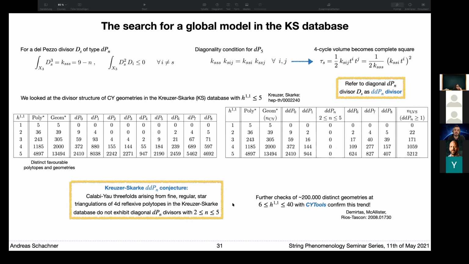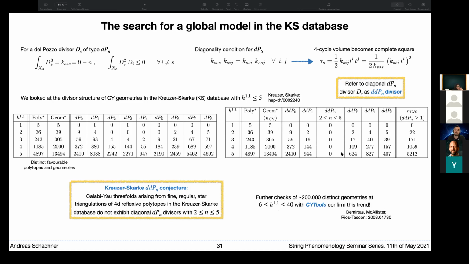Of course, some of you might already intervene and say, okay, we only checked a really, really tiny part of this Kreuzer-Skarke database. And I certainly agree. So we further checked 200,000 geometries for larger Hodge numbers using the CYTools package of the Cornell group, which confirmed this trend.